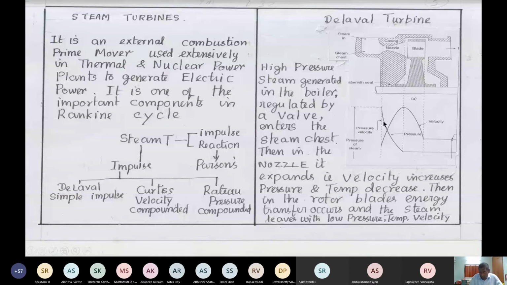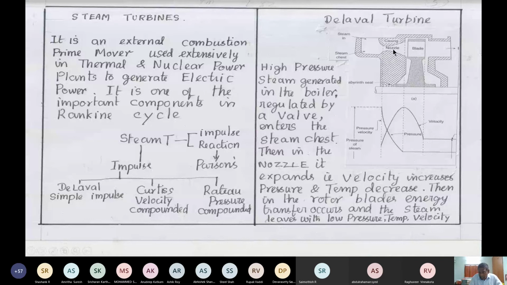Then in the rotor blade, transfer... in the nozzle, what happens is not energy transfer, but energy transformation. The same steam is having all the energy. The steam has not given its energy to somebody else.